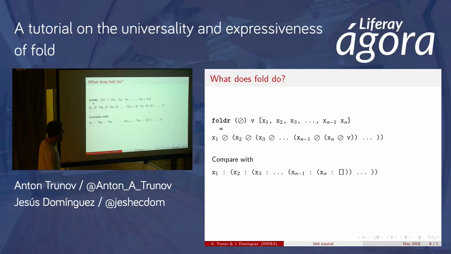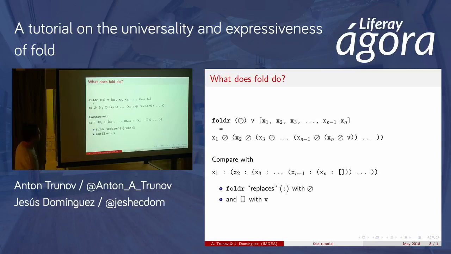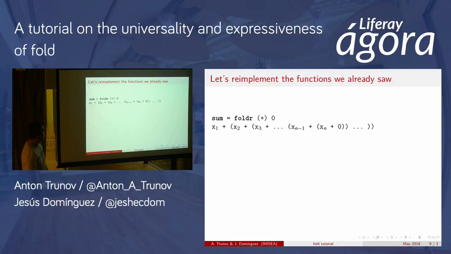So what foldr does, it replaces the end marker with v. It leaves the elements in place, and it replaces the cons constructor with this combining function. Okay. So this is what I just said.